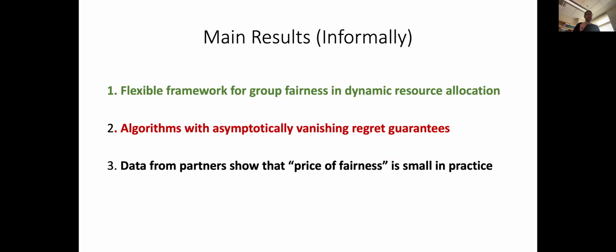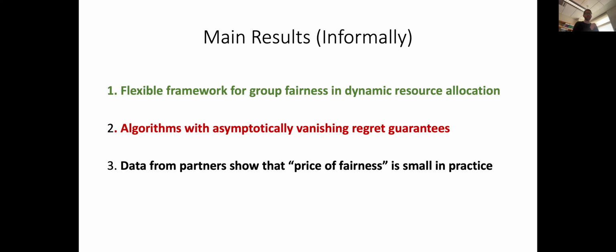So overall, our results can then be summarized as follows. We provide such a flexible framework. We provide algorithms that have asymptotically vanishing regret guarantees, and I'll define in a few slides what that means. And we show using data from partner organizations that enforcing these fairness rules is not costly in the global outcomes in practice.